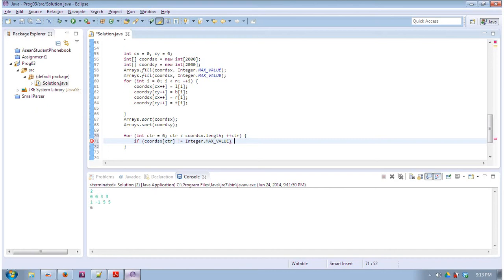These are a lot of values, 2000 values. Let's print the significant ones. System dot out.